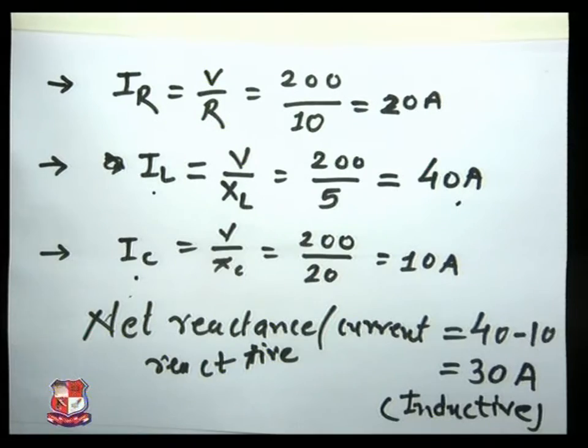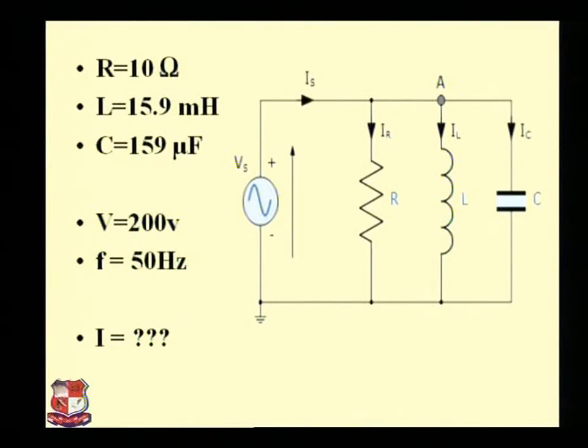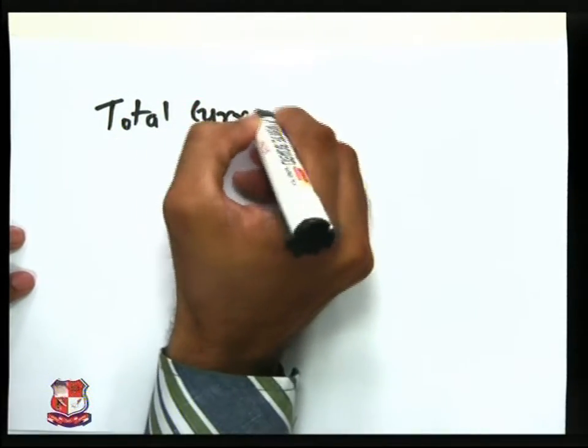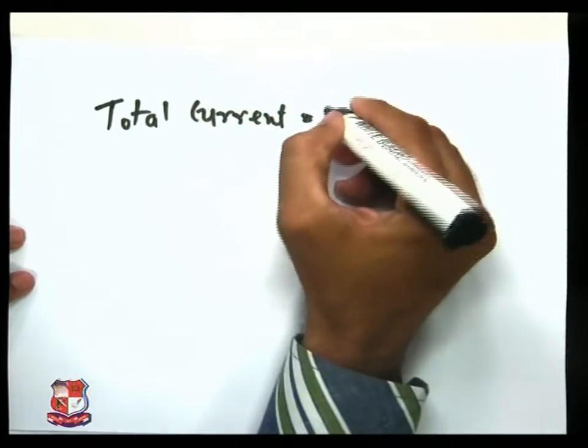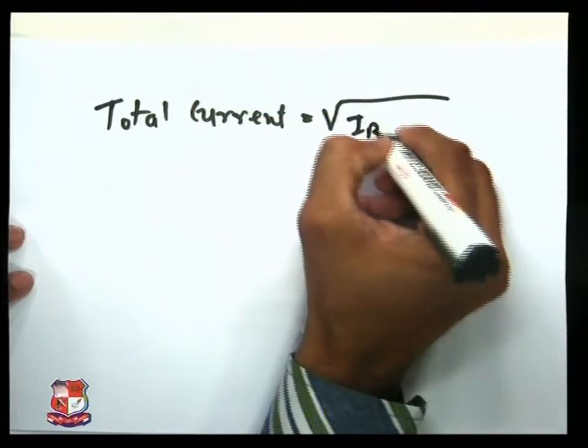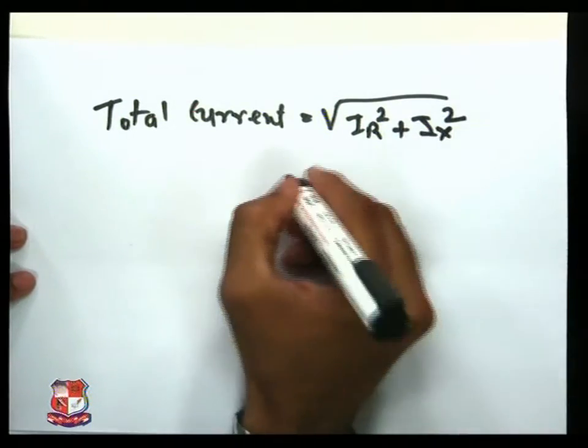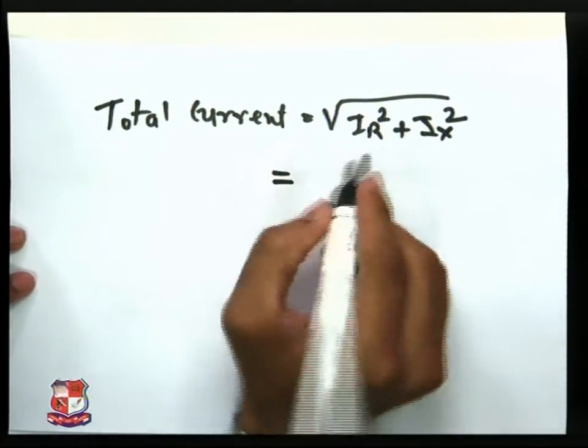And now finally we go for the value of total current. The total current is given by the square root of IR square plus IX square, where IX is the net reactive current.